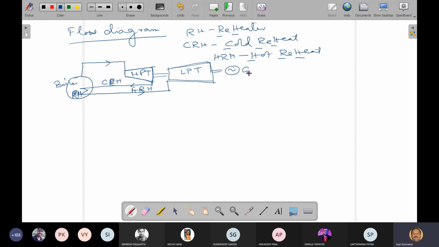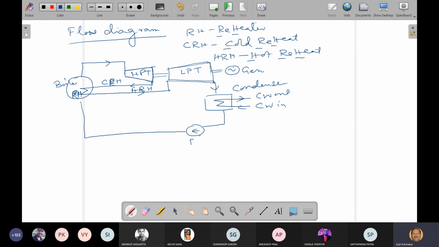Here you can find that the generator is connected and here we are using a condenser. So the condenser will be there at the end of the turbine. So it is cooling water in, cooling water out. Then we are using a pump, the boiler feed pump, and it goes this way.